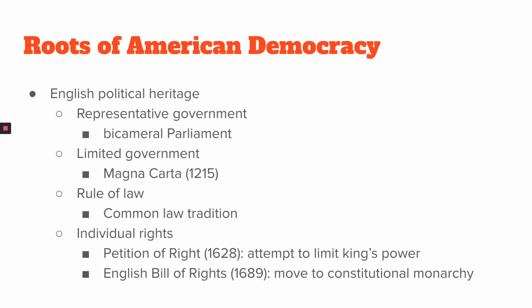Also, the rule of law is something that stretches back into English history with common law tradition, that is the type of law built upon precedent and case law. And then in English history, there has been some effort at different times to respect individual rights and civil liberties.